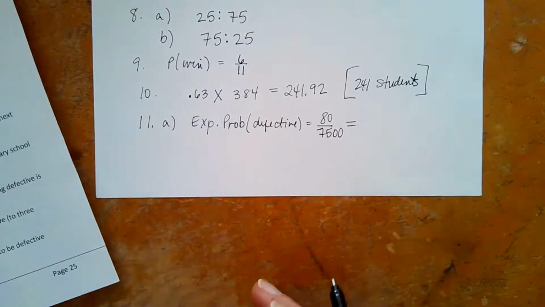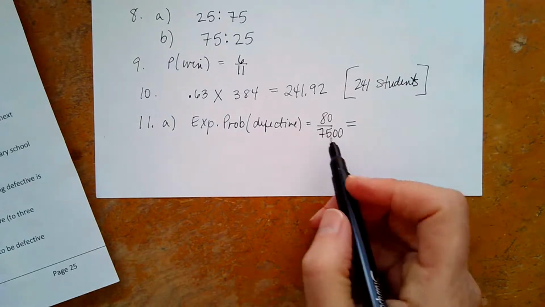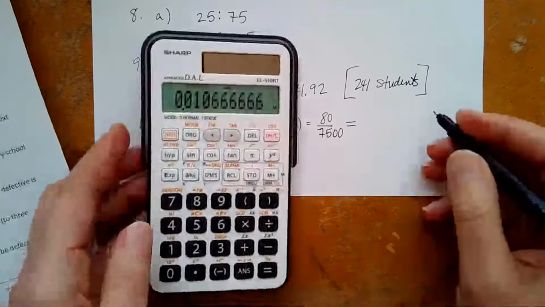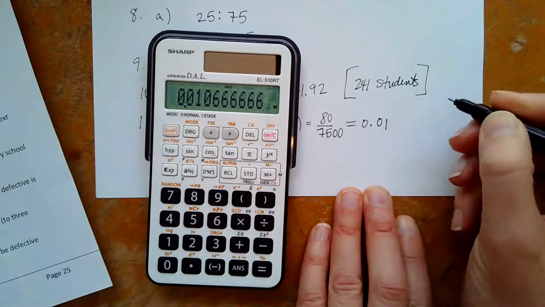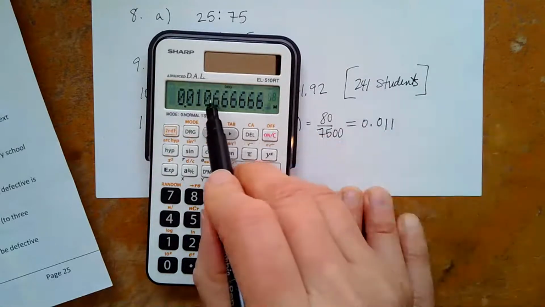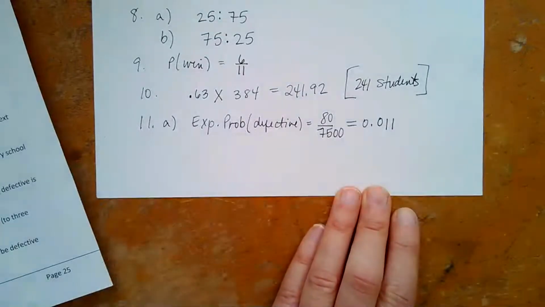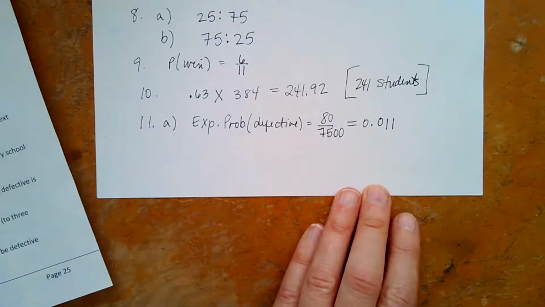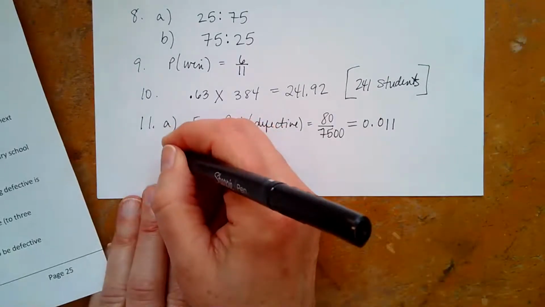Now, it says to 3 decimals. So I'm actually going to proceed and do the decimals. So 80 divided by, that bar means divided by. So I get this as an answer. Okay, 1, 2, 3 decimals. So that would round to 0.011. So 0.011 is the experimental probability. Okay, state the odds against a tablet being defective.